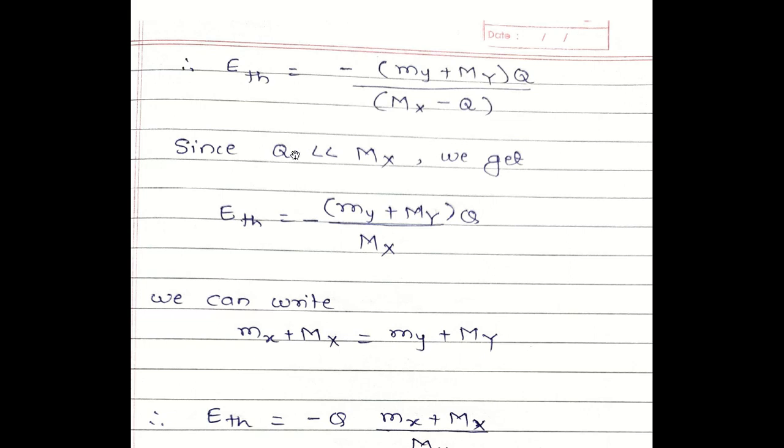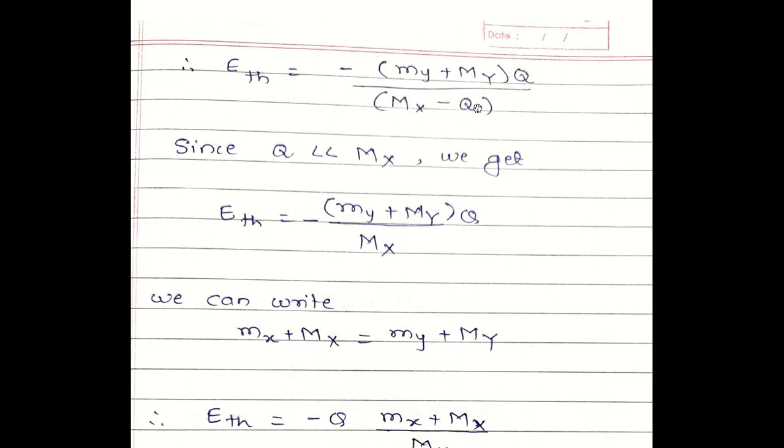It has been observed that the Q value of a nuclear reaction, again expressed in terms of mass, because E equals mc square, which is an expression by which we can convert mass into energy or energy into mass, is much smaller compared to the mass of the target nucleus.